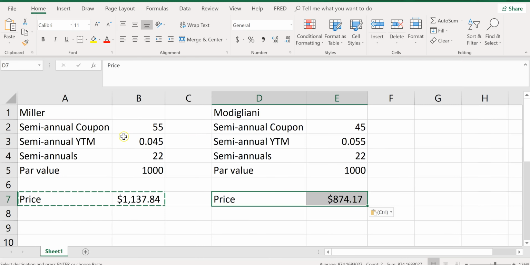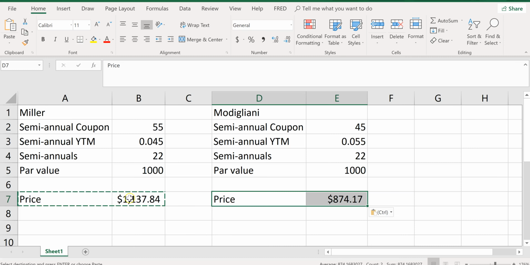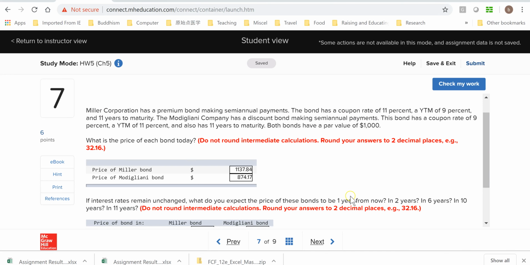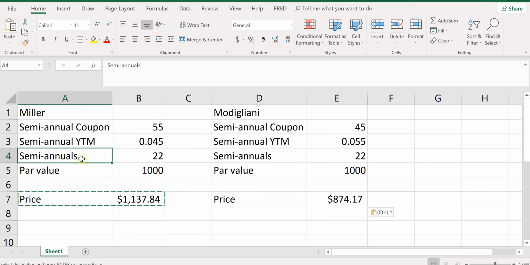The coupon rate will not change, and the setup says the interest rate does not change, so the semi-annual YTM doesn't change. But obviously the maturity will change. 1 year from now, the maturity will decline by 1 year, and 2 years from now, the maturity will decline by 2 years. The par value will not change, but the number of semi-annual periods will change.